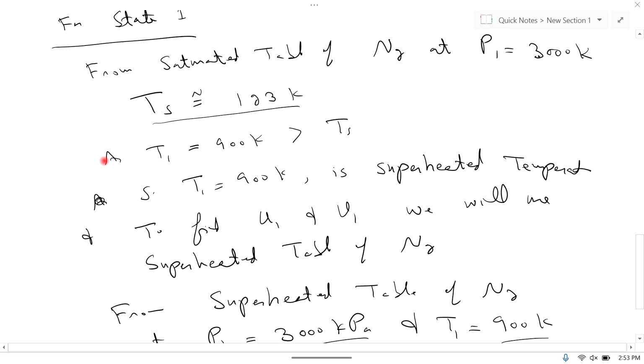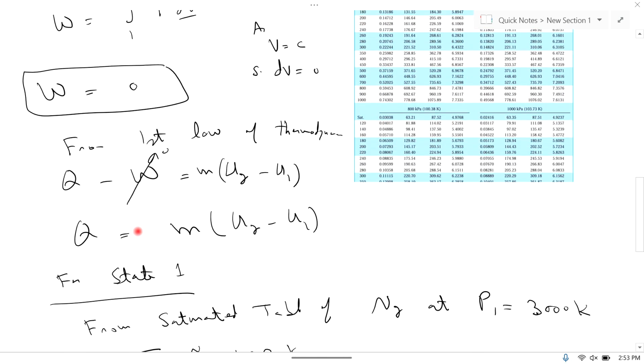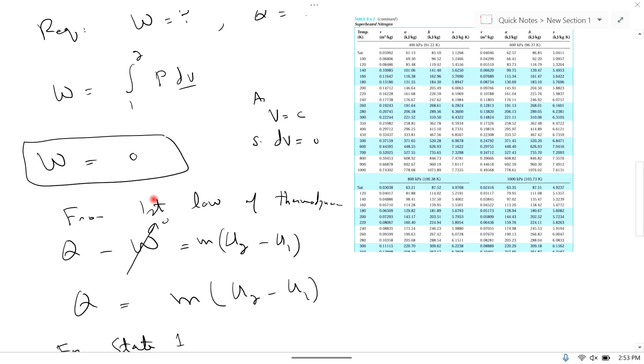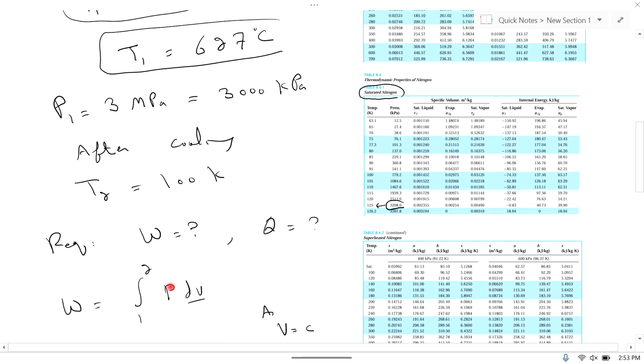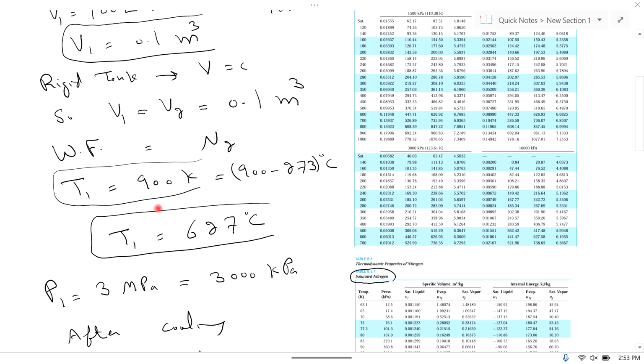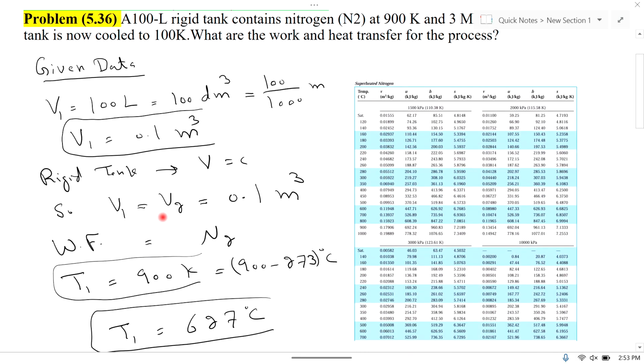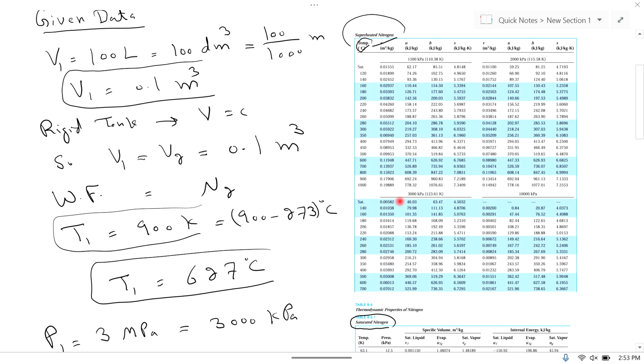So let me check it. This is the superheated table for nitrogen, and this temperature is in degree centigrade. This is the 3000 kilopascal, and 600 and 700 degrees centigrade are available. So we will do interpolation between 600 and 700 degrees centigrade.